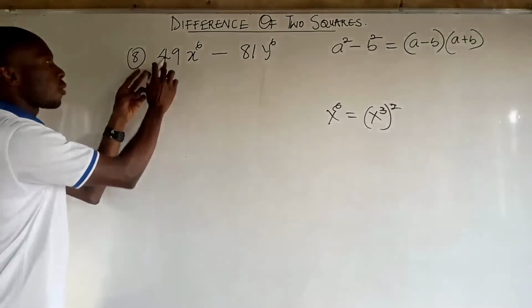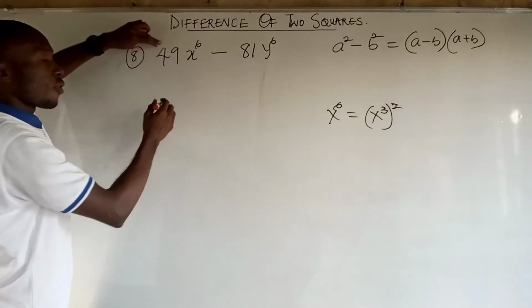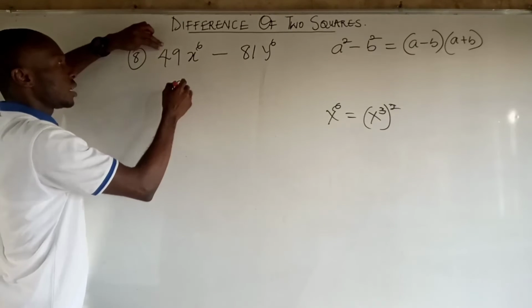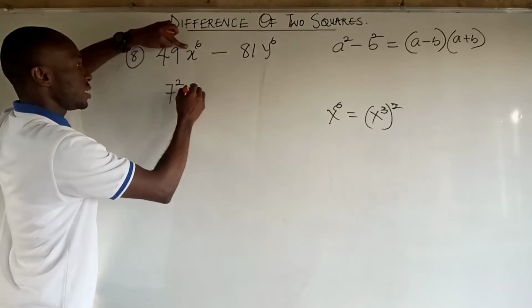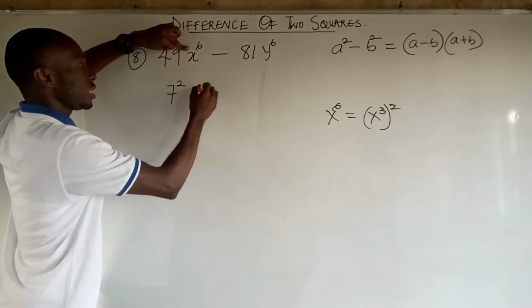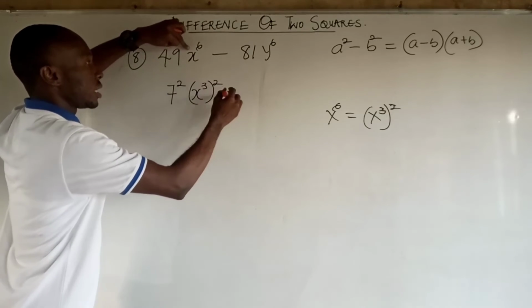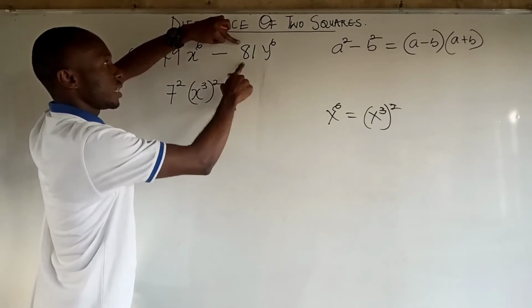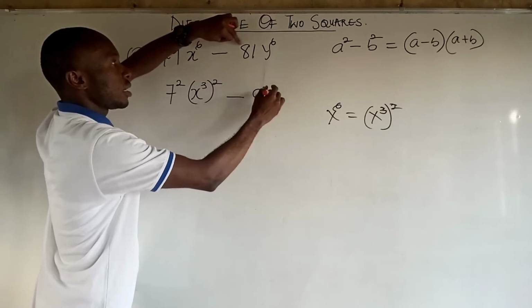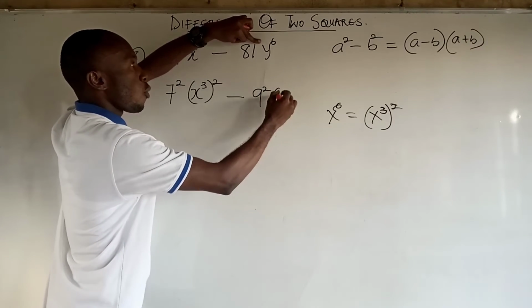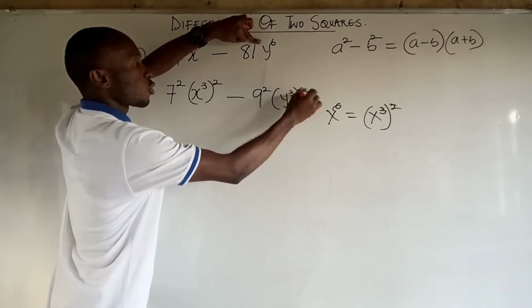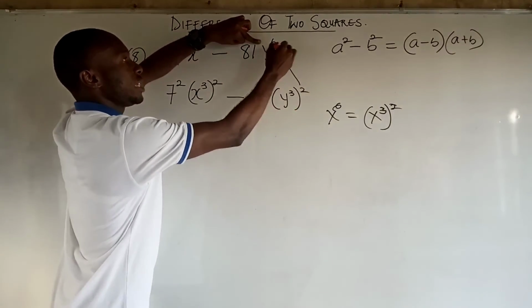Now I want to write 49 in square form, so I have 7 squared. Then this guy will become x cubed all squared. Then minus, I have 81 is 9 squared. Then I have y cubed squared because 3 times 2 is still 6.